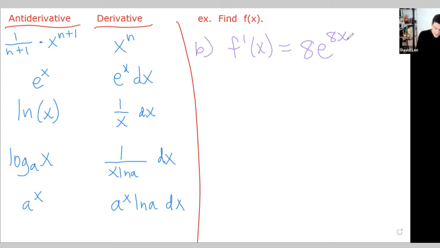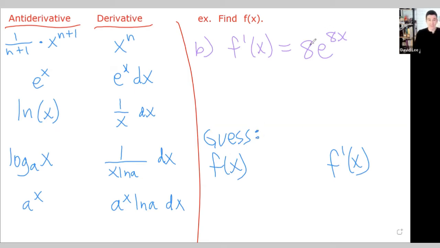Well, look, what I was doing with the class the other day was a guess and check technique, where I can guess the original function, and the derivative of my guess is supposed to be this up here. So someone can say, oh, well, I think my guess for the antiderivative would be e to the 8x.